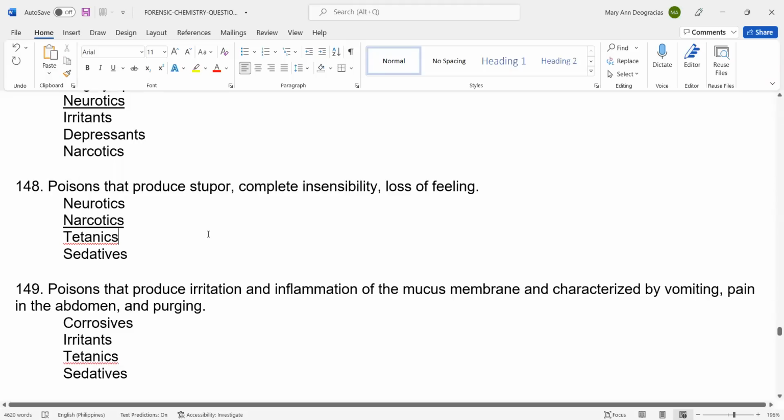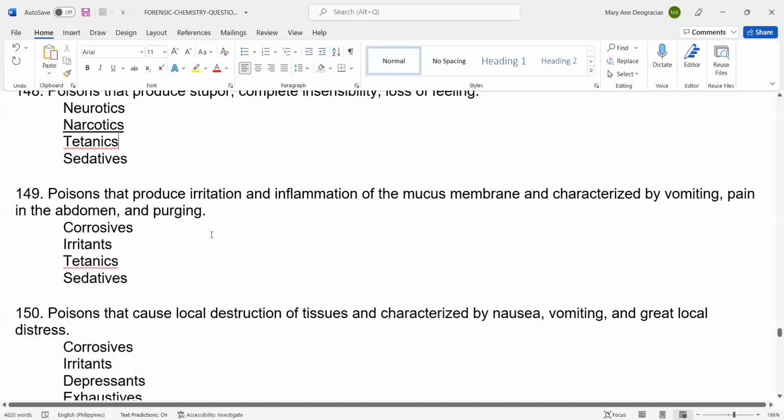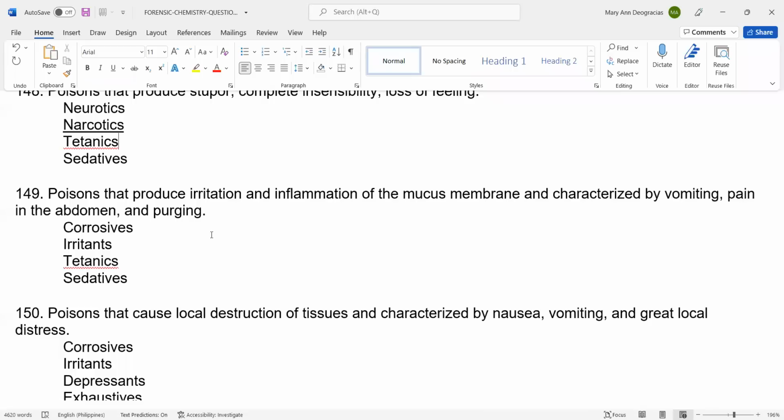Poisons that produce irritation and inflammation of the mucous membrane and characterized by vomiting, pain in the abdomen, and purging. Mga baliktad ang sikmura. Okay, we have irritants. Corrosive, may nausea ang corrosives eh. Okay, so these are irritants.